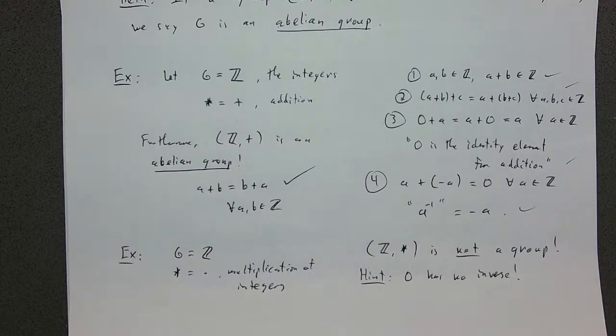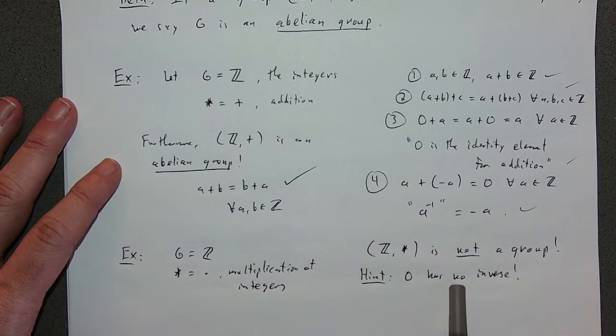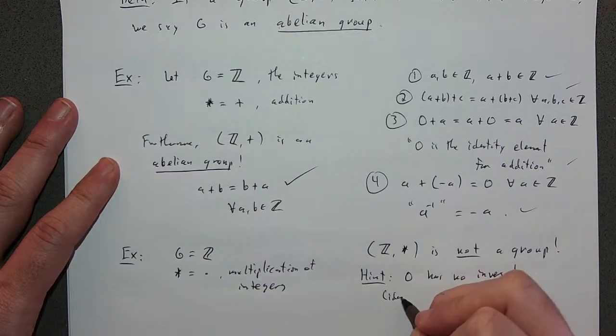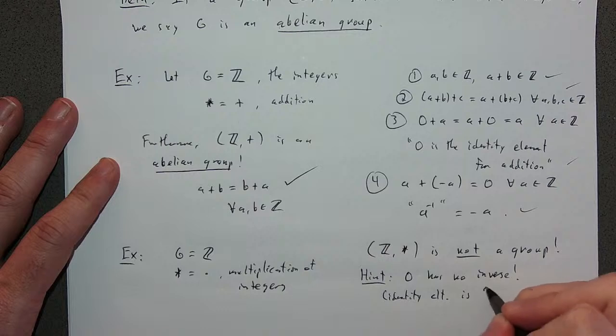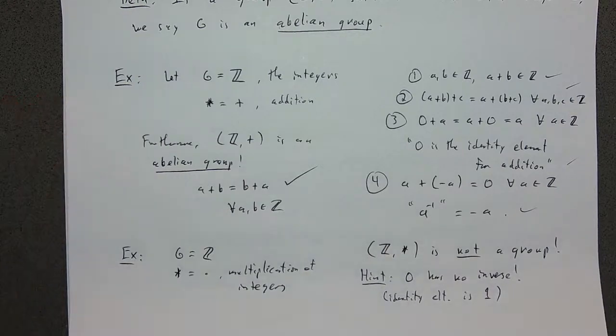So here, what can I multiply by 0 to make it equal to the identity for this group? Well, what is the identity for multiplication? It's 1. 1 is the identity element for multiplication, right?